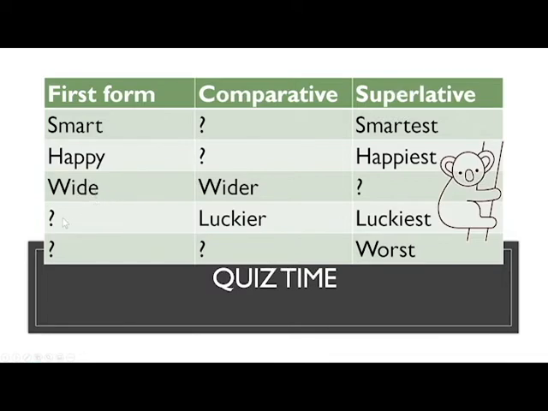And another example. In this example, I haven't given you the first form of the adjective. I've given you the second form, or the comparative form, which is luckier, and the superlative form, which is luckiest. Can you guess? Yes, it's lucky. And in the last question, which might be a bit difficult for you, I have given you the superlative form.